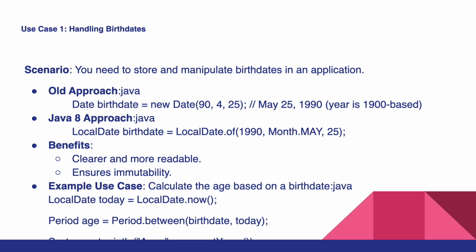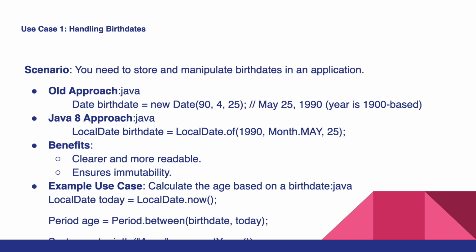With Java 8, we can adopt a clearer, immutable approach using LocalDate. This method improves readability and reliability.